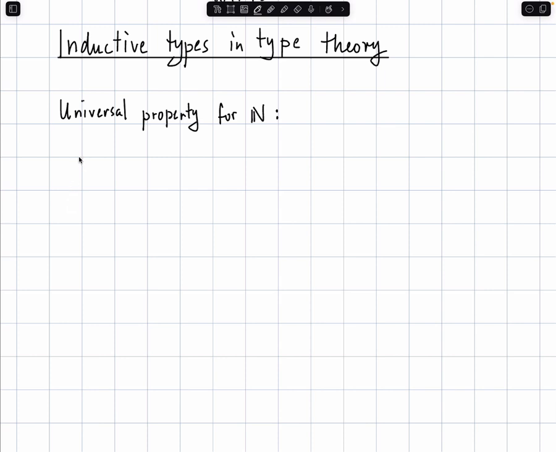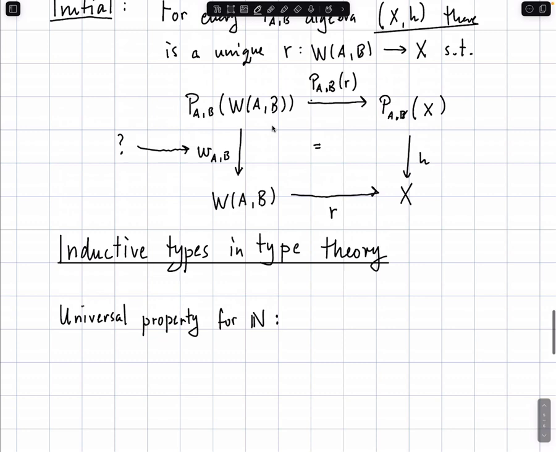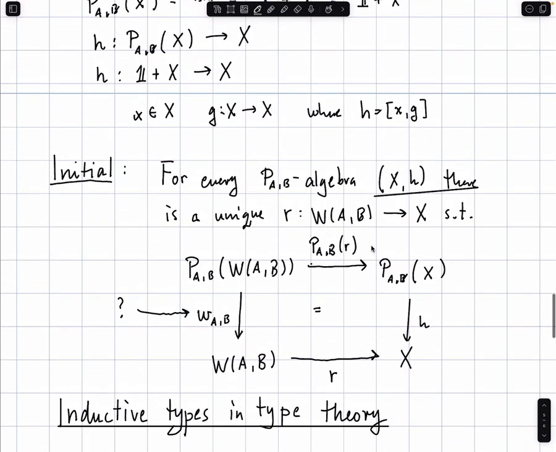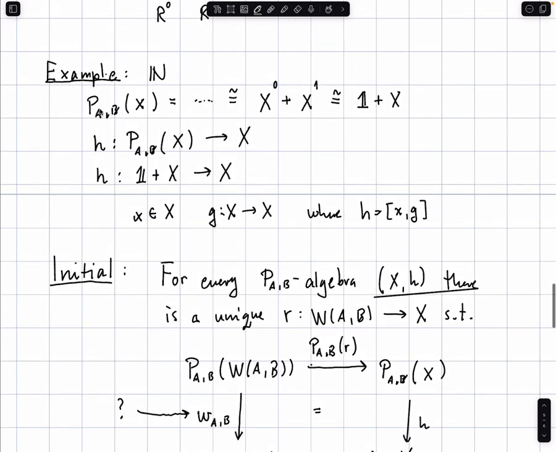Okay, so first of all, what is going to be an algebra? So I need to say, for every h like this, right? What is the universal property in the case of natural numbers? For every h like this, we're going to have a unique map here. So earlier we explained that in the example of natural numbers, to have an h like this is the same as to have an h from 1 plus x to x, which was the same as giving one element and one function g.